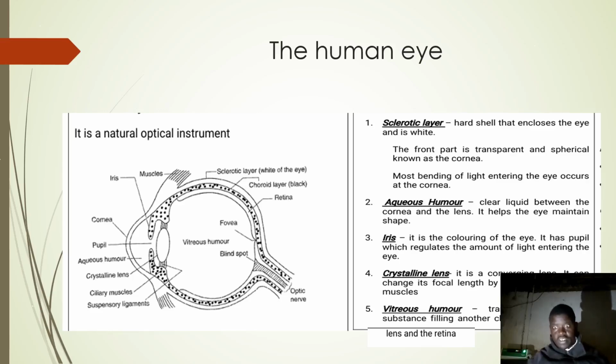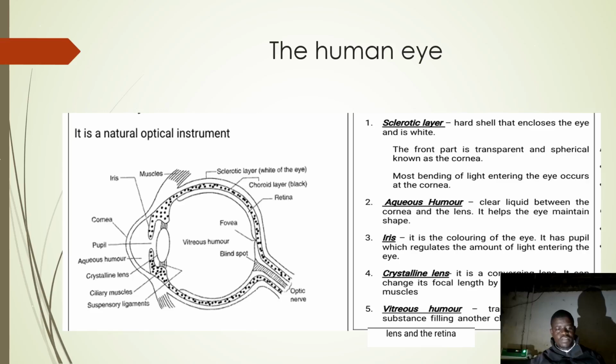So if you look at your eye, the white bit is just the sclerotic layer and the black bit is the choroid layer. Then you have the retina just below the choroid layer there. We have the fovea. Biologists will call it the fovea centralis.